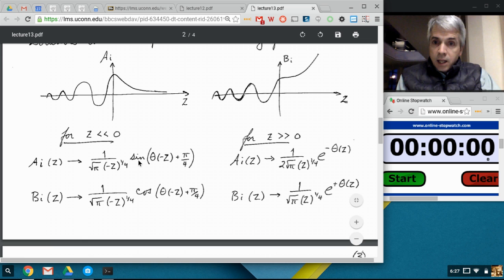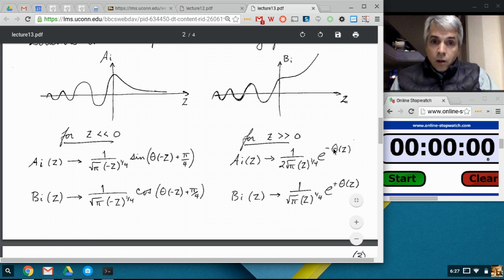As expected, one of the two behaviors goes exponentially falling and the other one exponentially rising. And we haven't specified what the theta is. I just want you to know that this theta is monotonically increasing with z. Notice that in this case, we are sampling the function theta at positive z.